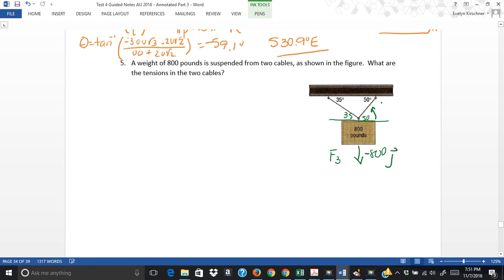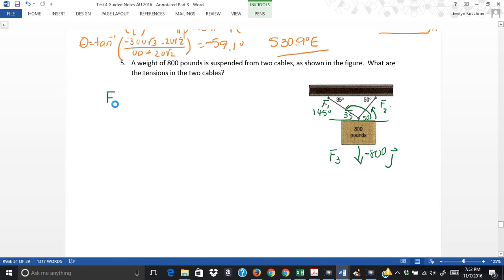So I have here for force 2, it has an angle of 50 degrees. And this is going to be force 1, and that has an angle all the way to here, which is 145 degrees, 180 minus 35. So I have my angles, so I'm going to write some equations.